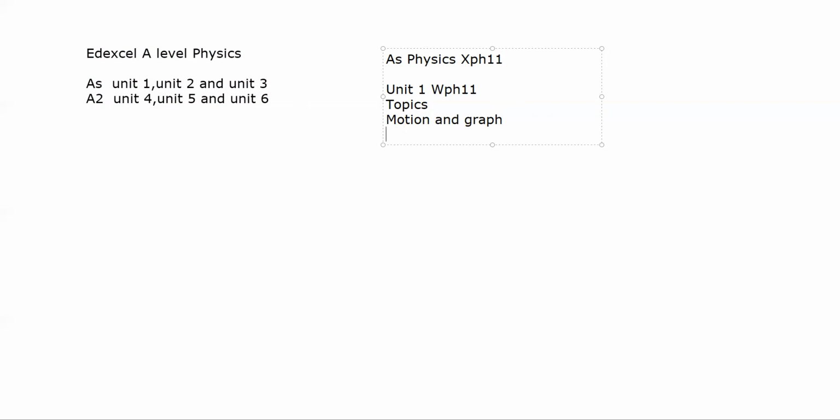Momentum is actually a part of motion and graphs, but separately I'm mentioning momentum, moment, the turning effect, work energy power, and fluids, and the last part is materials. These are the topics which you will find in Unit 1.